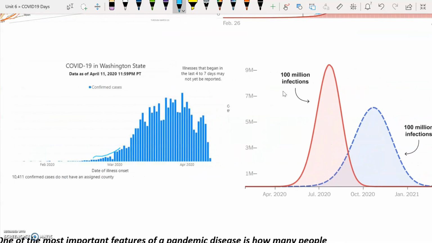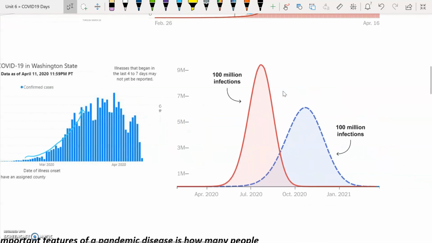You can see that increasing rate of steepness. That's our exponential growth. And then we're also going to look at the tail side of this, which, as you can see in Washington, we're seeing. So we're also going to look at how we model and how we describe this thing that's happening here, this part of the graph here, and here. Those are the topics of this exponential change unit.